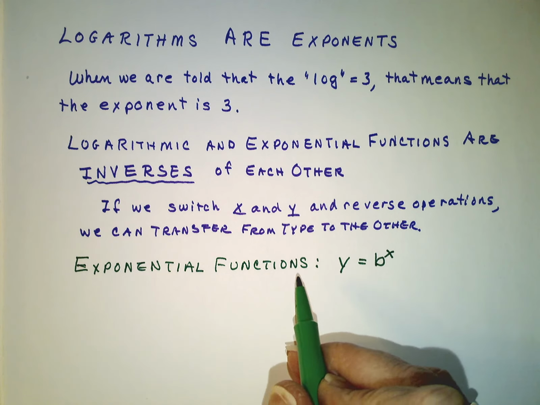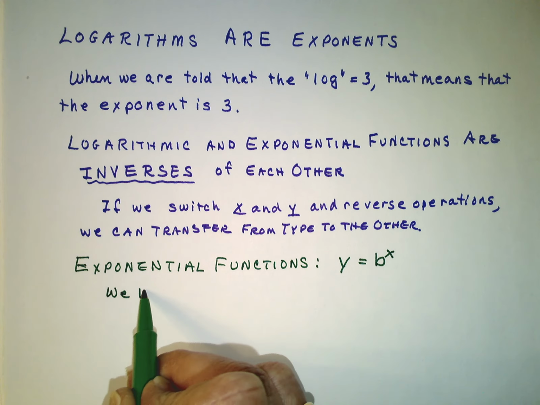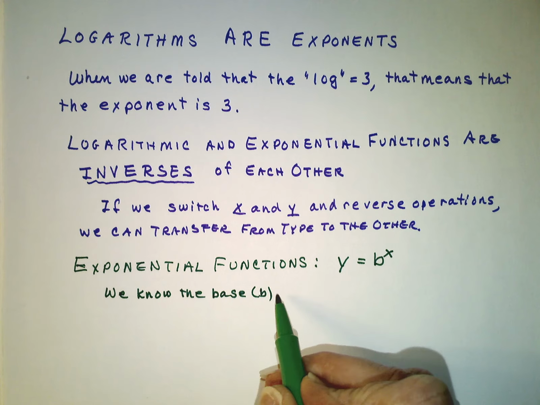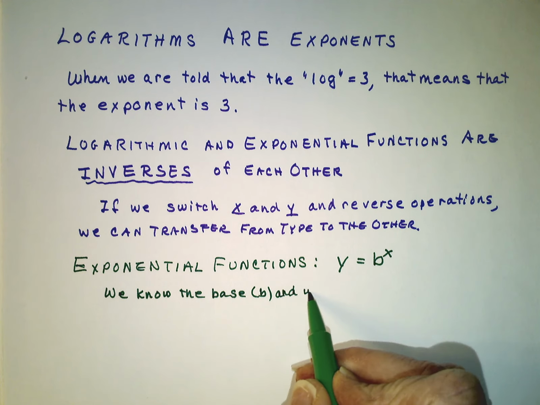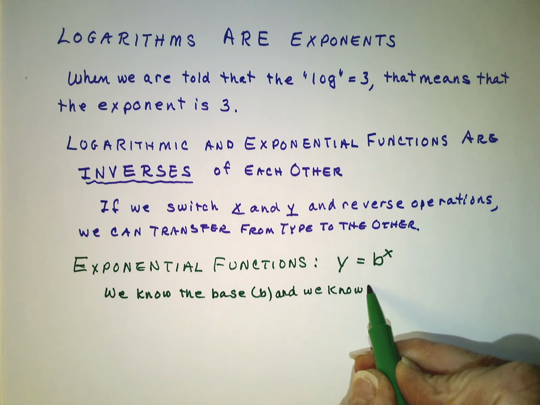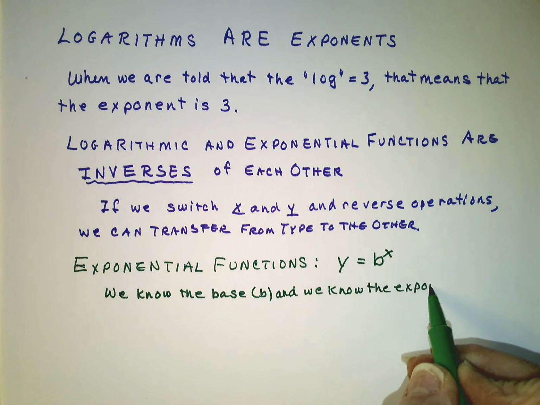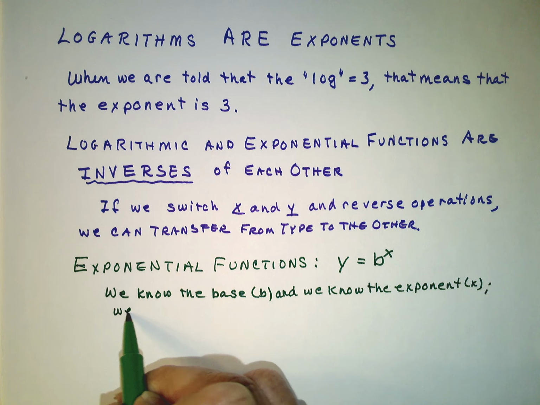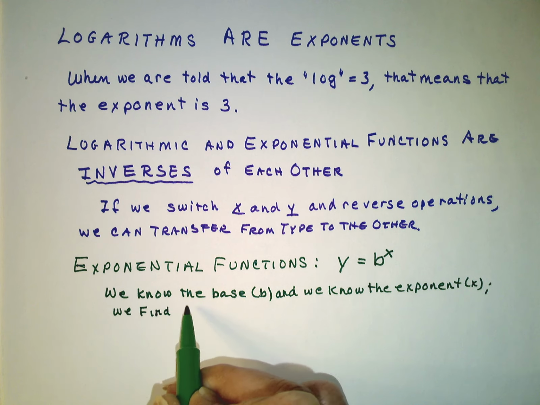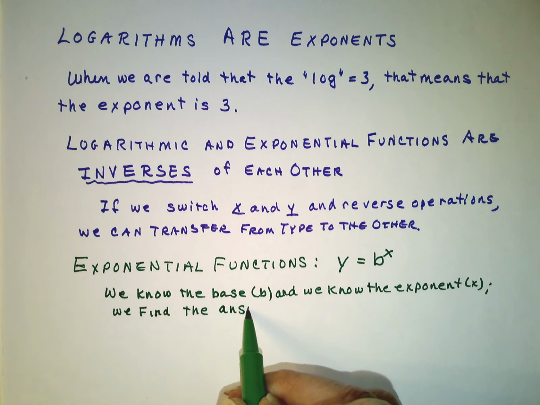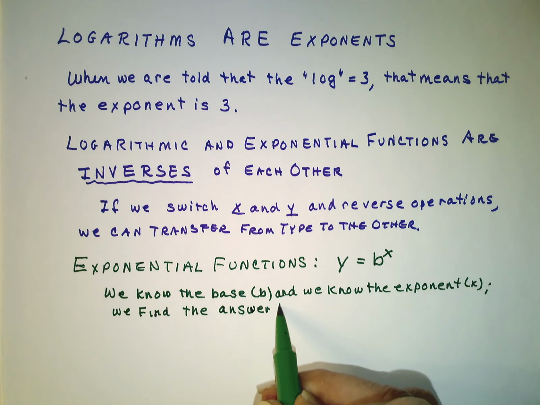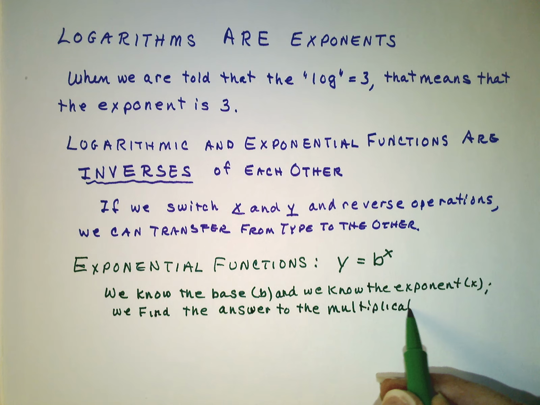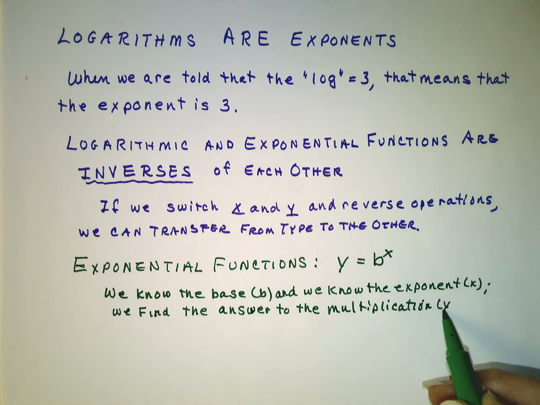So with an exponential function, we know the base, which here is called b, and we know the exponent, which here is called x, and we find the answer to the multiplication after we have raised b to the x power, which here is called y.